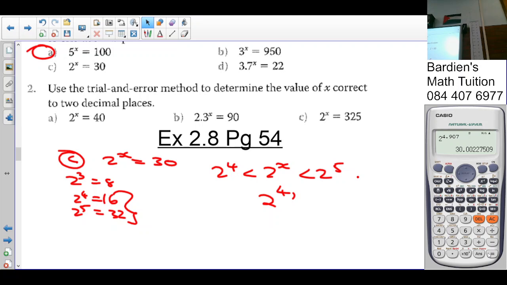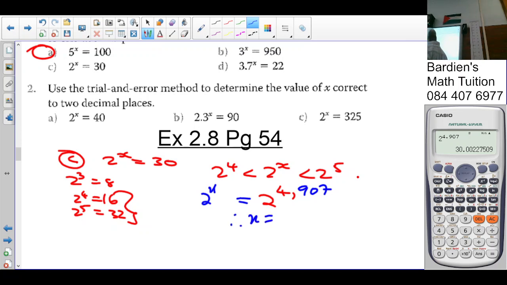But what did I say? 1 decimal place. So 2 to the x is equal to that. So therefore, x is equal to 4.907, which is 4.9. You guys understand?